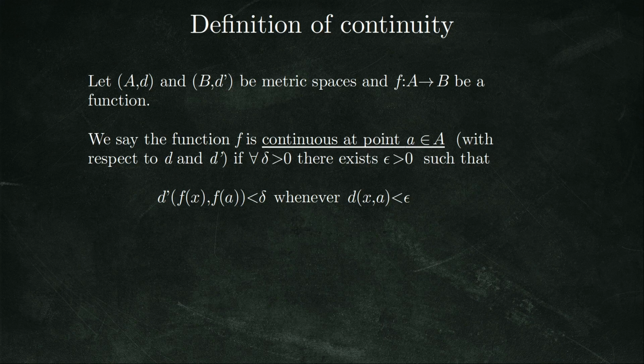And note that some books will use epsilon and delta the other way around. But just be careful when you're reading other definitions, which way round they get epsilon and delta.